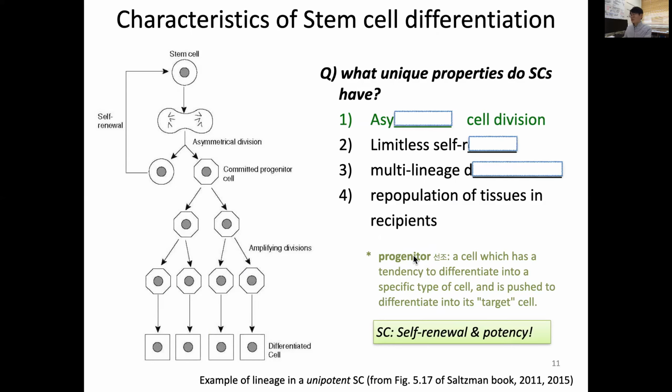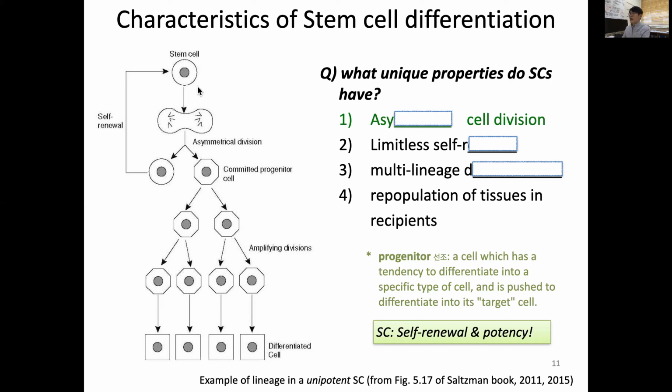What's a progenitor cell? It means a cell which has a tendency to differentiate into a specific type of cell, and it's pushed to differentiate into that target cell. So you can look at these progenitor cells, then they will amplify. It is called the transit amplification stage, and then eventually they will become a terminally differentiated cell. So this very interesting property of stem cell characteristics is divided into here.